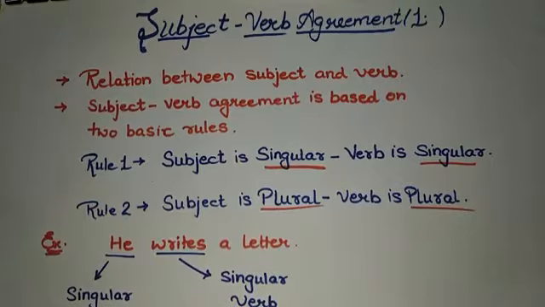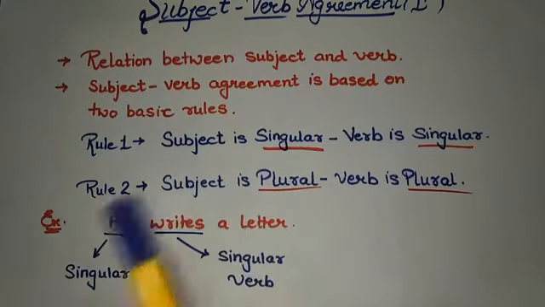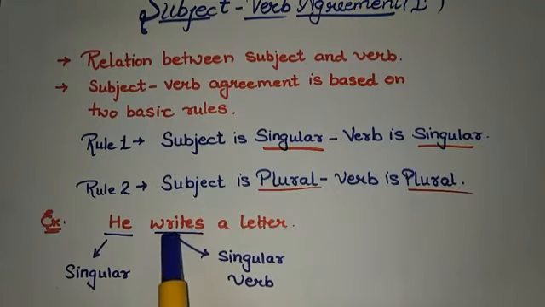Now, why and how do we understand this? See, if I write that he writes a letter, here he is a singular noun, meaning I am using he for a single boy. So, the verb should be singular, and writes is a singular verb.